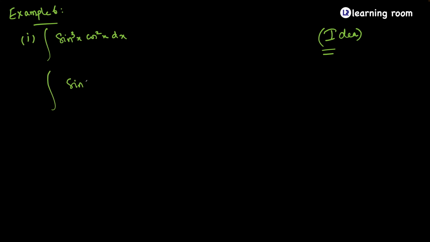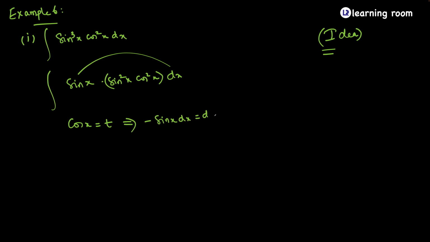So sine cube x, you can write it as sine x into sine square x into cos square x dx. Okay. So here I have sine power 1 dx. So is it easy to obtain this? So when will you obtain sine x dx? When you substitute cos x as t, which implies minus sine x dx is equal to dt.